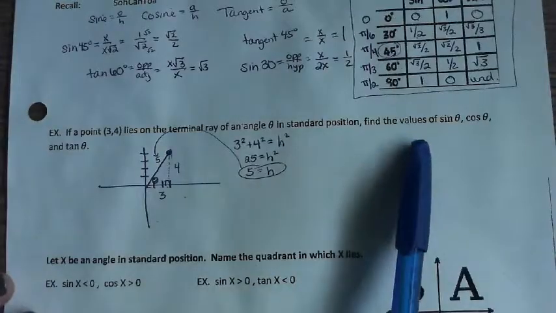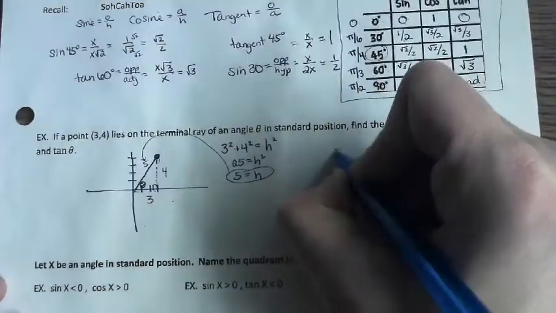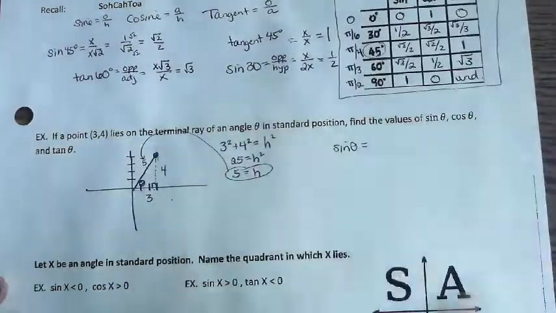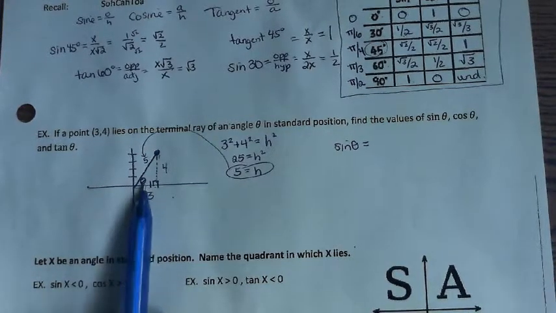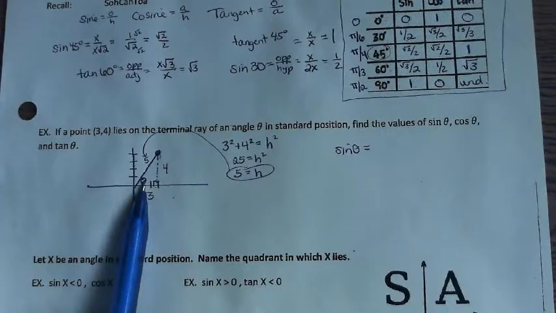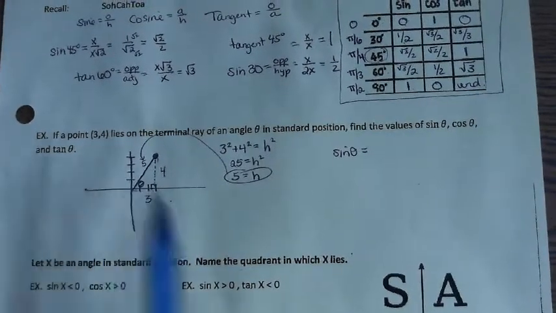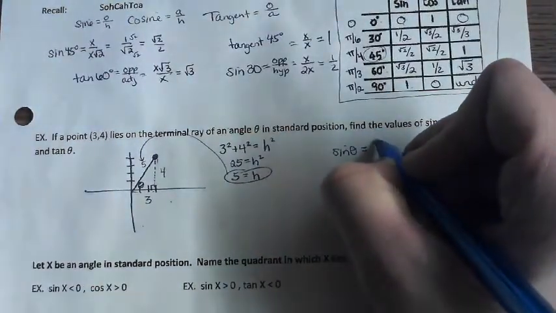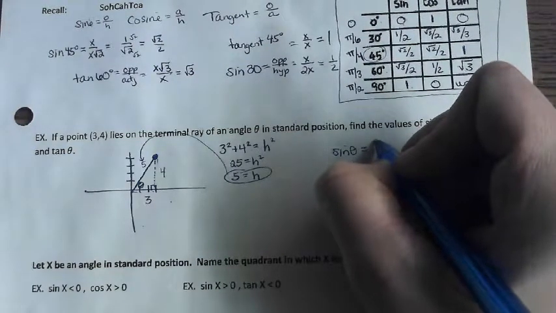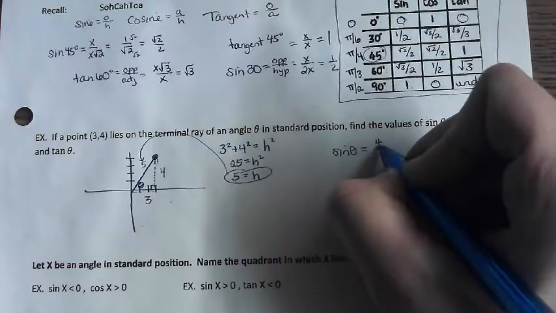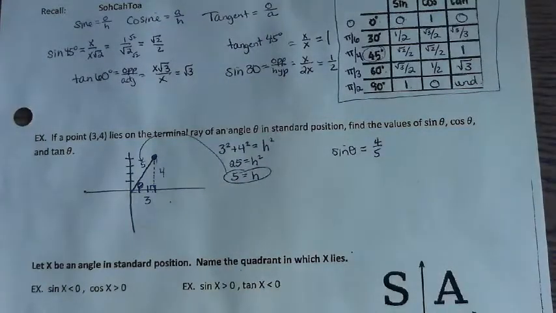And they're asking for what is the value of the sine of theta. Sine is what over what, Jack? Opposite. So what is the opposite of theta? 4. And what is the hypotenuse? Nope. I have a number there now. 5. 4 over 5 is the sine.